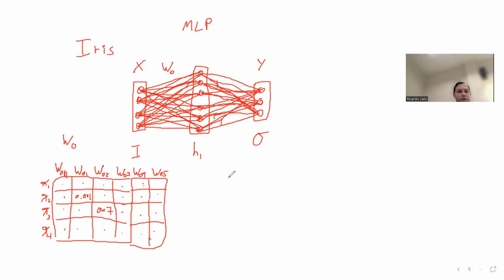Basically, there's another matrix. I'm just going to do the numbers this time around for W1, which would be 6 by 3. Do you see that? Does that make sense, guys? So now you take the X's times these W's to produce the next layer. You multiply this times this to get this, and once you have that, you take this times this to get this one.